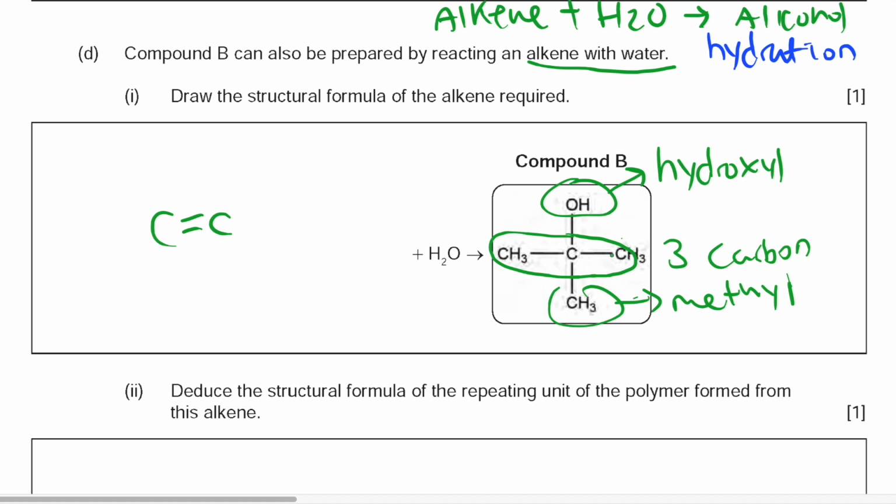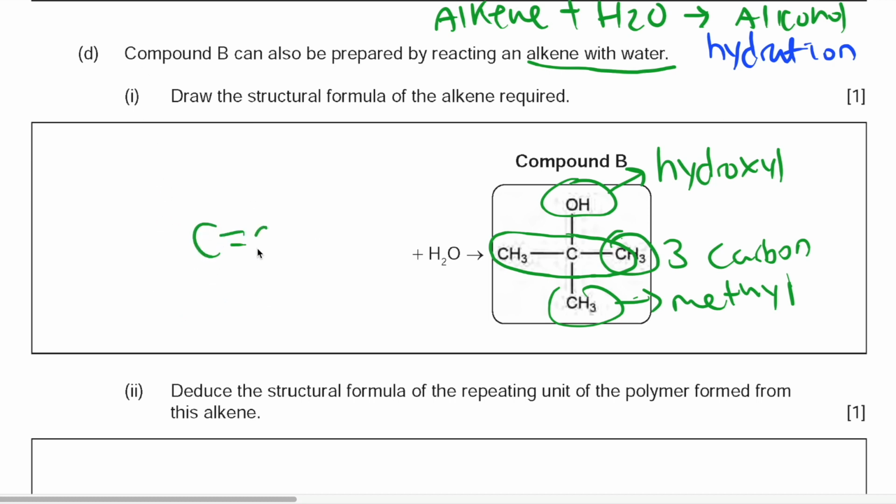So how can we do this? Well, we first know that if it has another group, it's going to be here, CH3, which is the group right here. And then they have a substituent, which is going to be here, right? And for the rest, it will connect to hydrogen. So this will be the structural formula for the alkene required. Just to make this look more natural, I'm going to switch this a little bit.